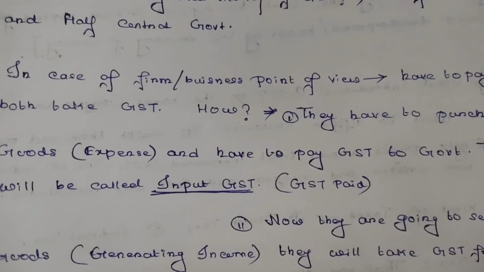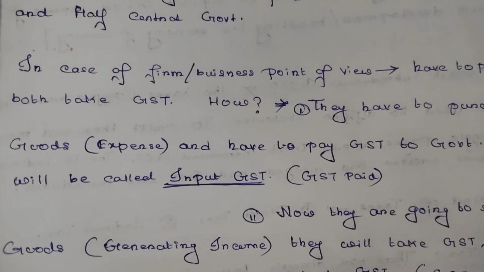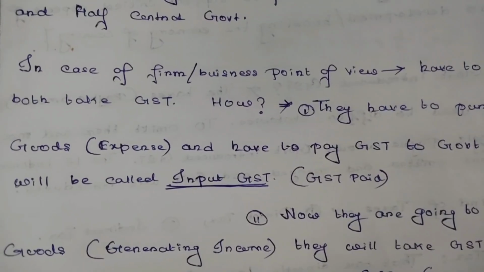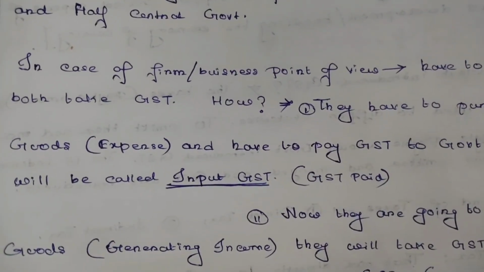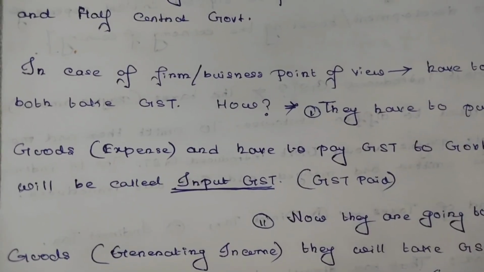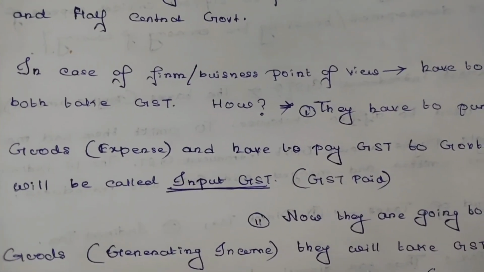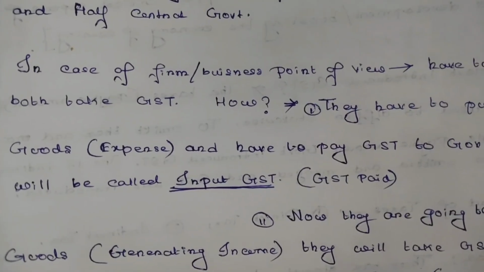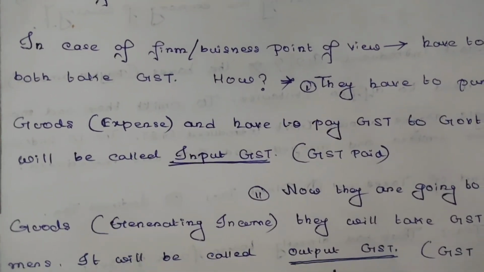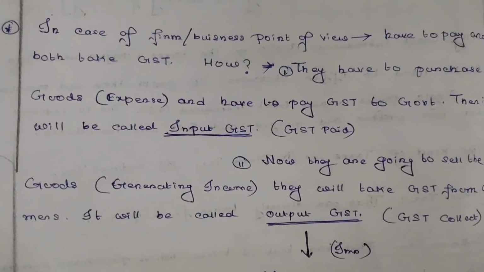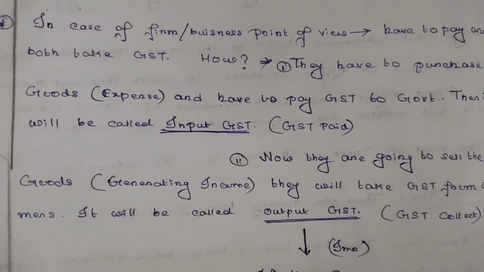That means a gang of people in partnership business are purchasing a product from somewhere, and it is their expense, and when they are purchasing those goods or products, they have to pay a GST to the government, and this will be called input GST, the GST that a partnership business owner is paying to the government.